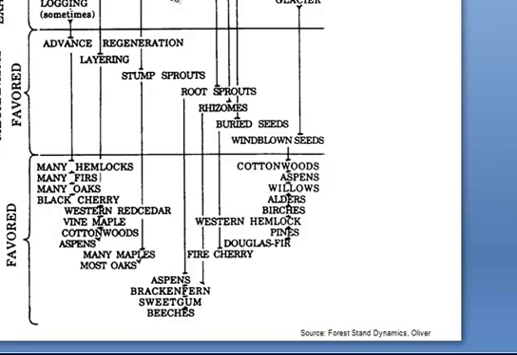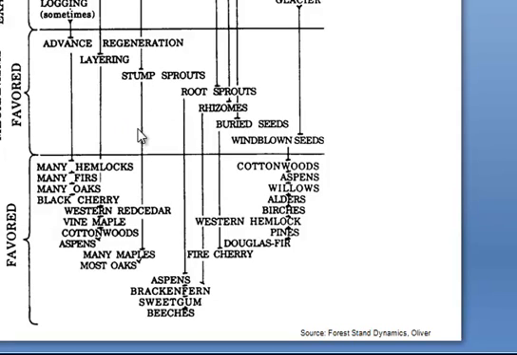A lot of people believe, oh look, it's a white pine forest, it'll be white pine after we harvest. Totally wrong thinking. It's based on the competition and the species that can take the best advantage of that site.